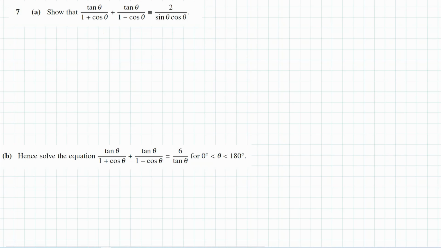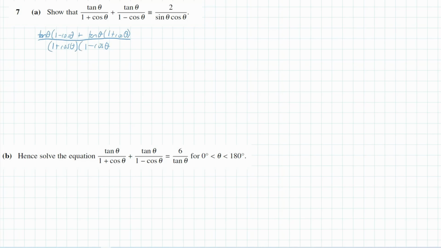So my next line would look something like this: tan theta into 1 minus cosine theta plus tan theta into 1 plus cosine theta. But of course, I'm going to have this all over 1 plus cosine theta into 1 minus cosine theta. Okay.